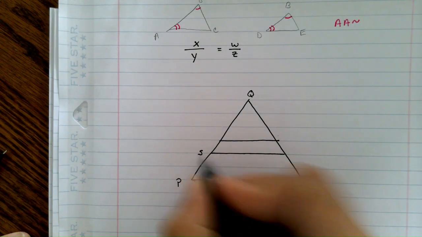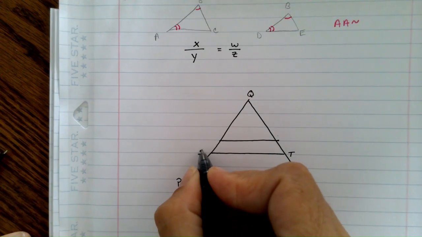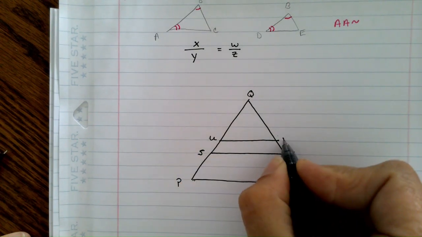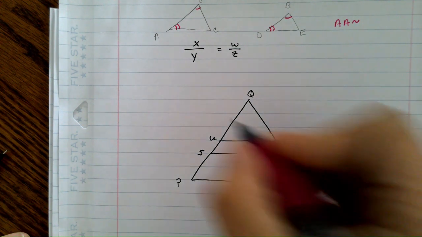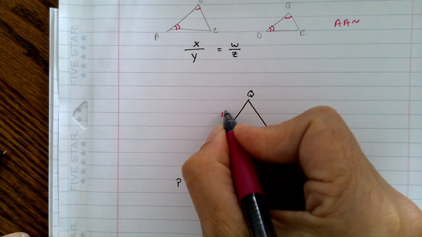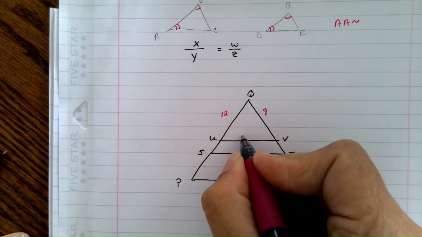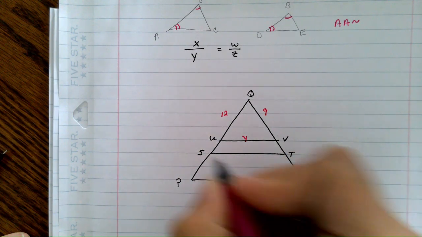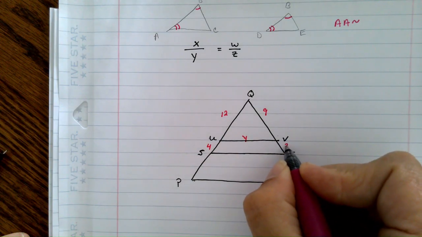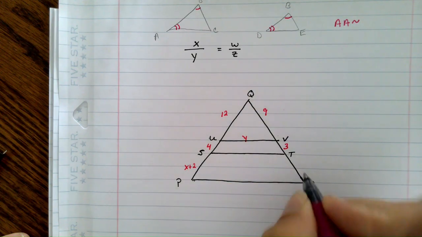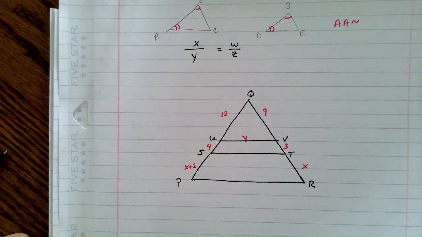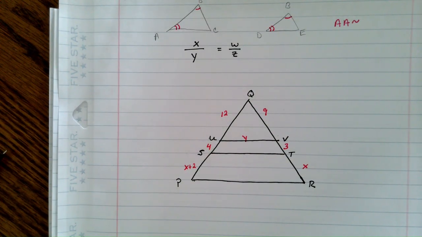We'll have S to T and U to V. And now that I've labeled that, I'm going to go ahead and label my sides. So we have 12, 9, Y, 4, 3, X plus 2, and X. Okay.